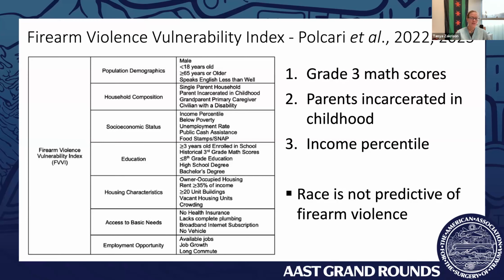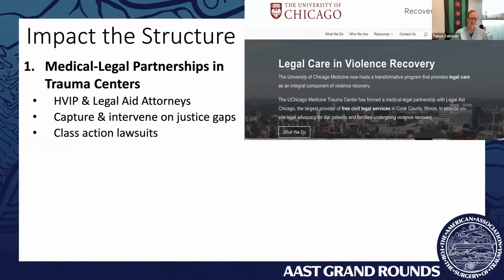Something they did that was also very interesting is they said, we're not going to plug race in as a predictive variable, because we know, as we talked about earlier, that race is a social construct and it completely negates the historic complexities and contexts within which people reside that make them affected by community violence.